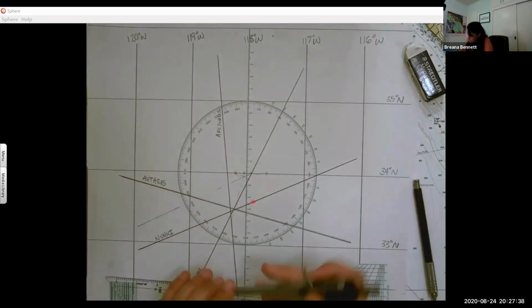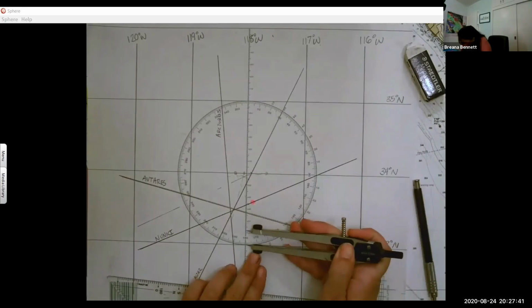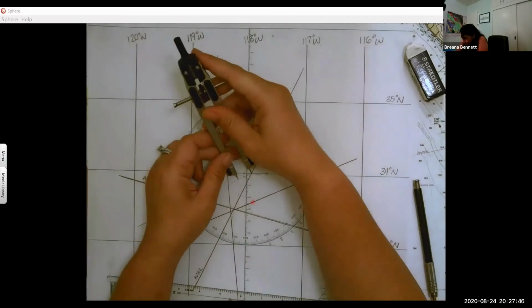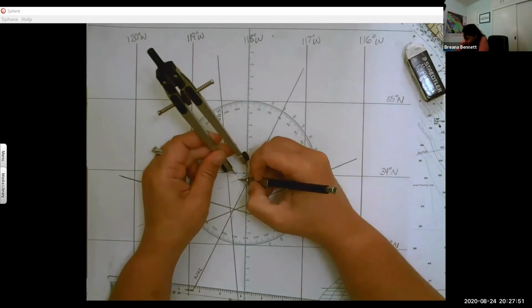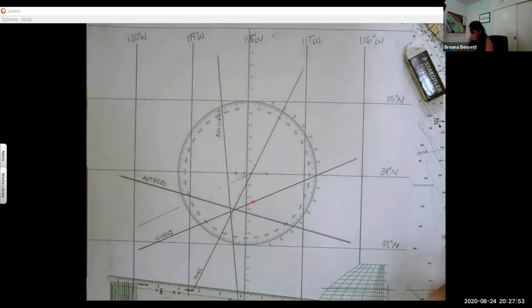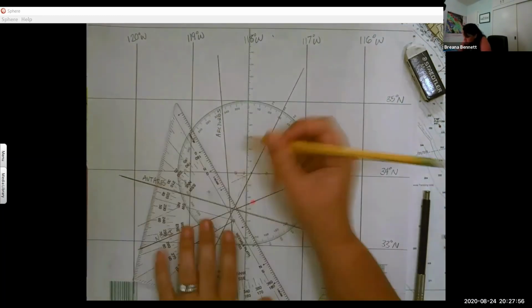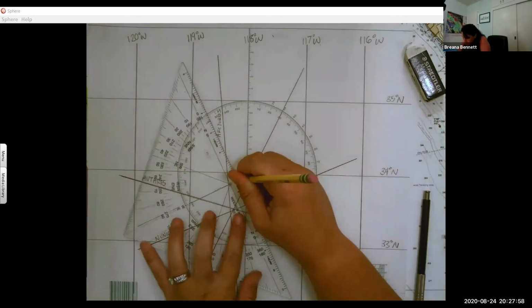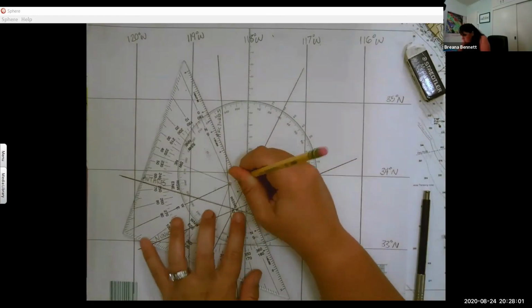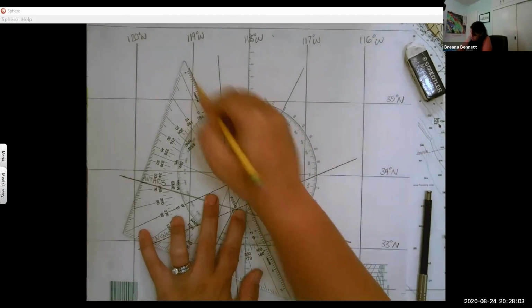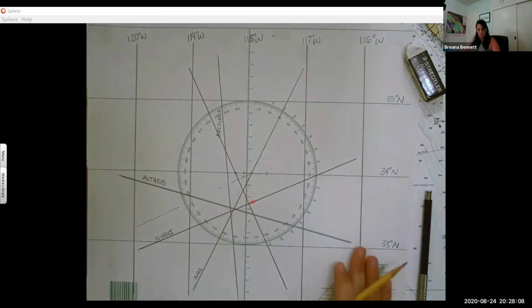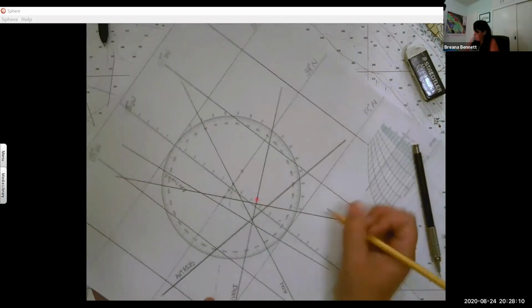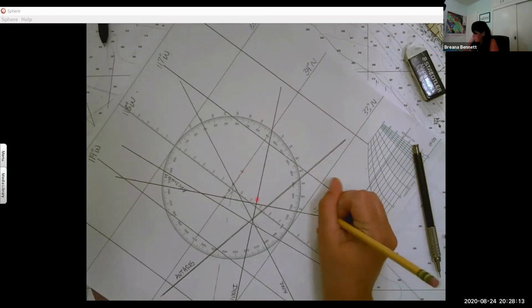And our distance was 12.3. And this was Micah.